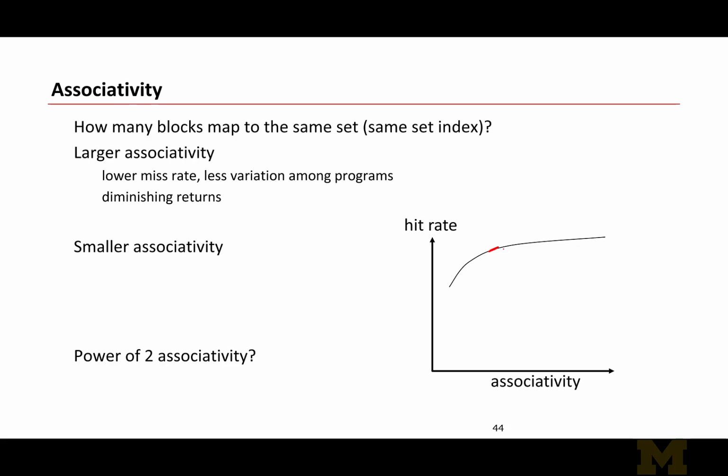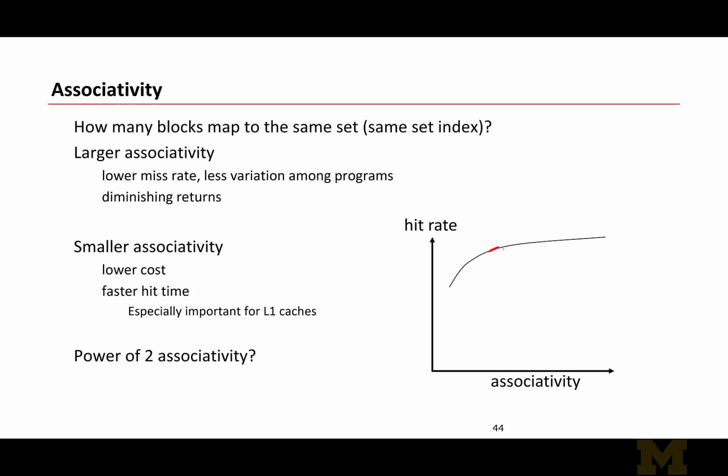It doesn't decrease as badly as we witnessed for block size, because there you're actually polluting the cache. But here, if you just have higher associativity, it just means that you need to do more tag comparisons, and so you may be expending more energy doing those comparisons, but the cache hit rate may not decrease.